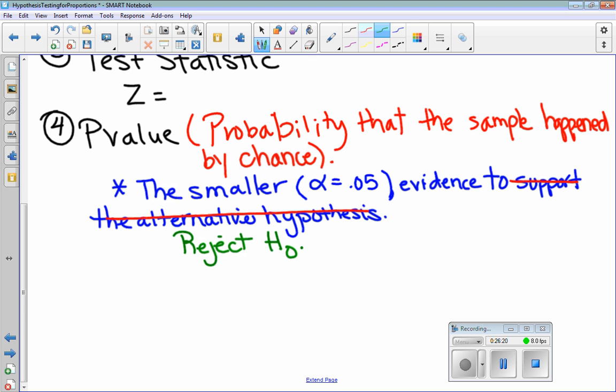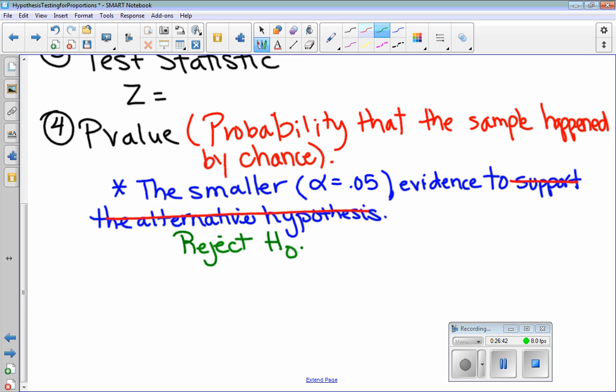Those are the only two options for a conclusion. We don't say we support the alternative, but if we reject the null, then we really are supporting the alternative. It's kind of just a play on words, okay?